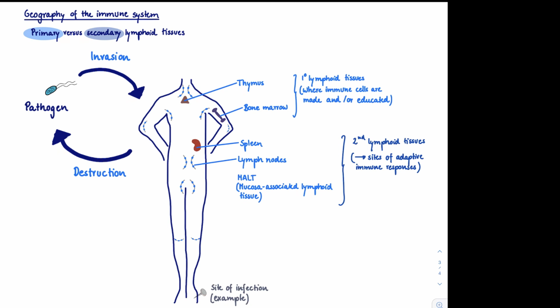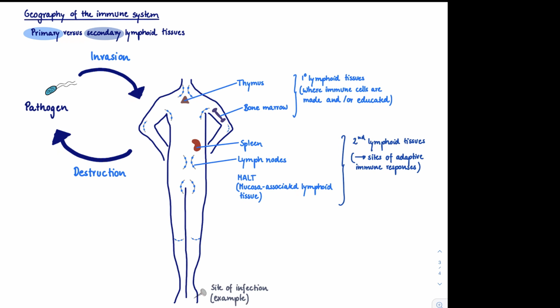And this happens in the so-called secondary lymphoid tissues. So once they are made and educated, they will recirculate in so-called secondary lymphoid tissues. This means they're going to hang out either in lymph nodes, or in the spleen, or in so-called mucosa-associated lymphoid tissue, which is abbreviated as MALT, and wait in case they get activated.